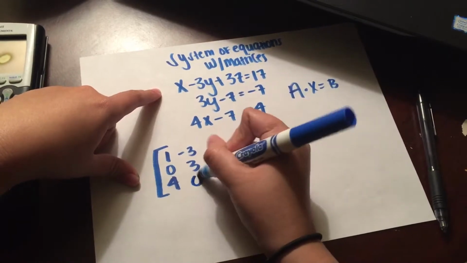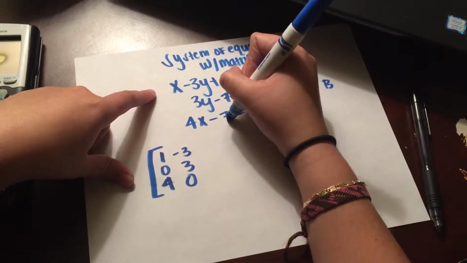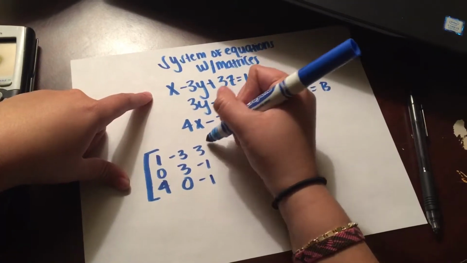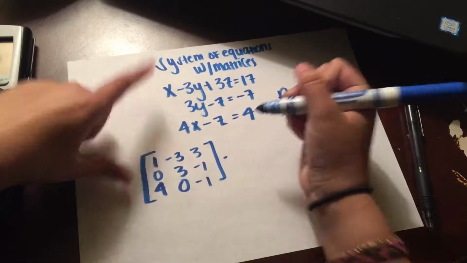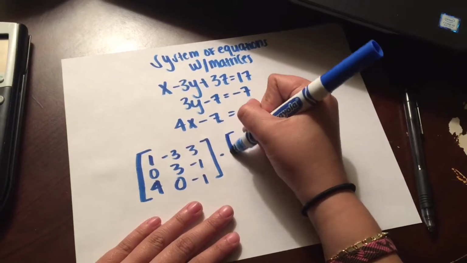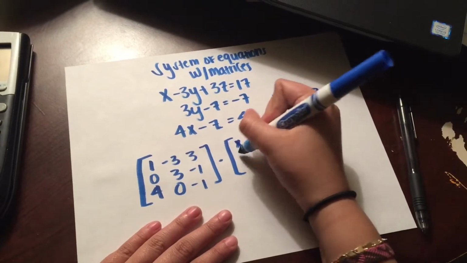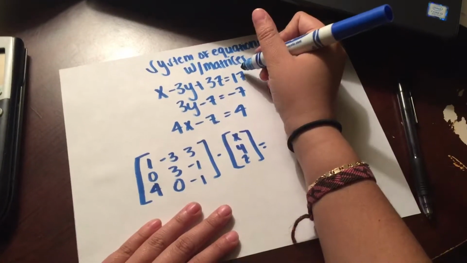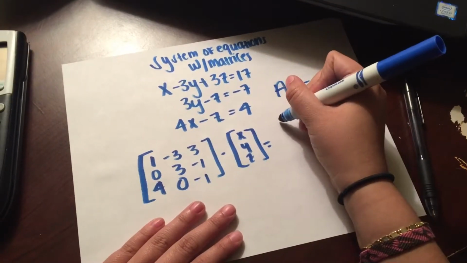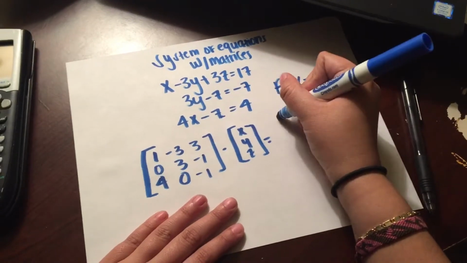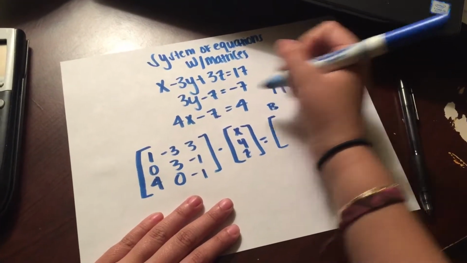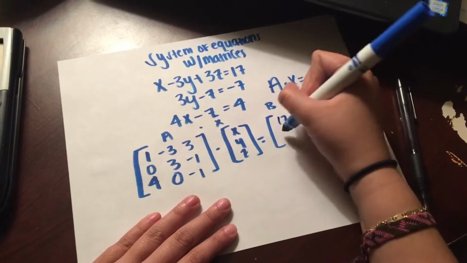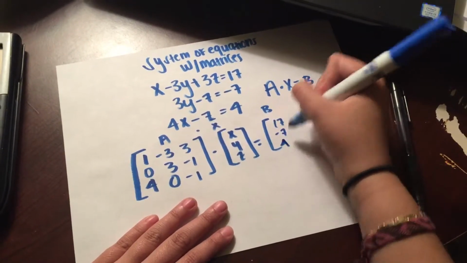There's no y in this equation. Then for z, you have 3, negative 1, negative 1. Then you're multiplying it by the variables, which are x, y, z, and it equals the actual solutions, which is B, which is 17, negative 7, 4.